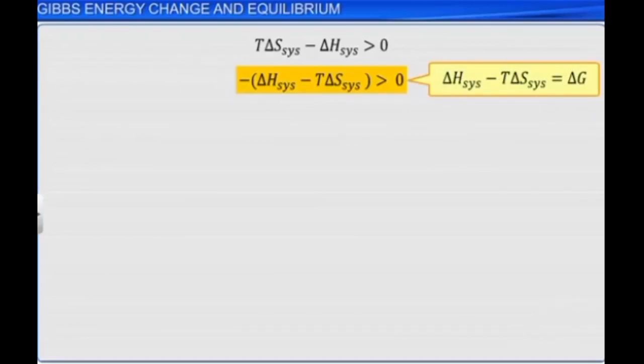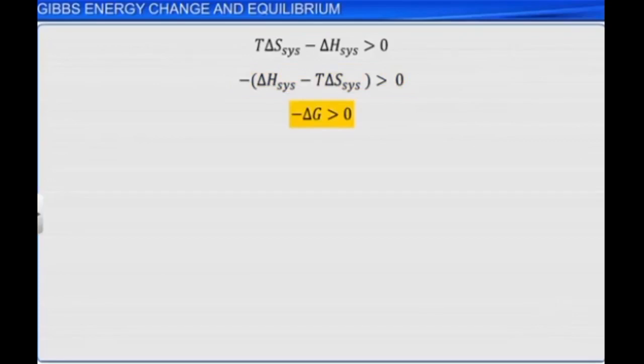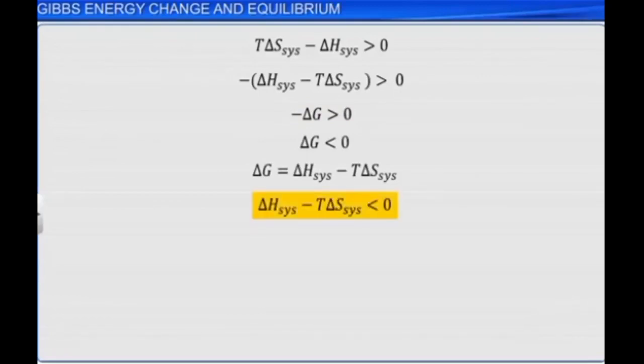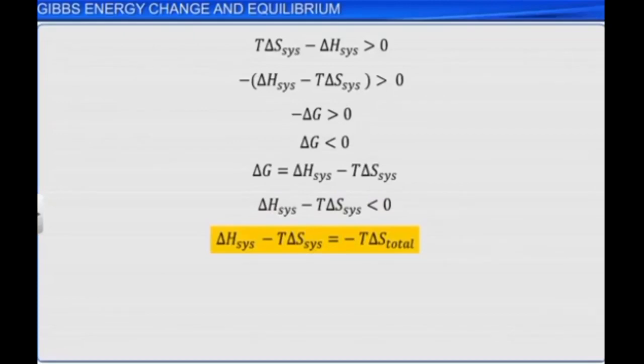Therefore, delta H system minus T delta S system is less than 0. But delta H system minus T delta S system is equal to minus T delta S total, which means that minus T delta S total is less than 0. This means that T delta S total is greater than 0.